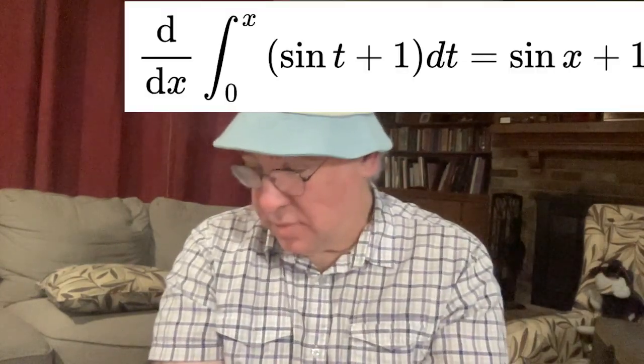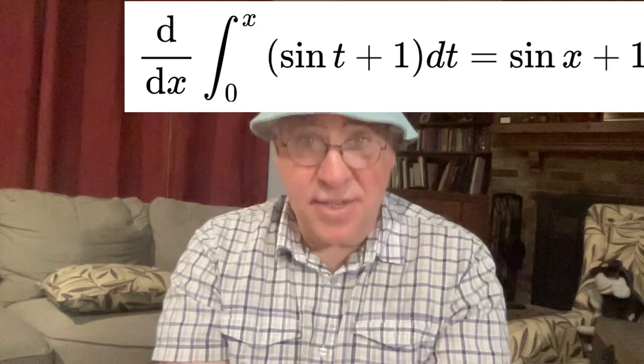I want to know the area under the curve of sine of x plus 1. Here's how we're going to do it. I'm going to find the integral from 0 to x of sine of t plus 1, and then I'm just going to let x equal 5, and that's going to give me my area. The derivative of what I want is going to be sine of x plus 1.